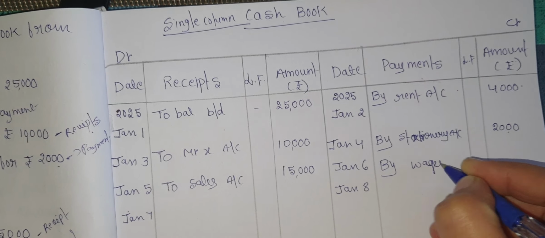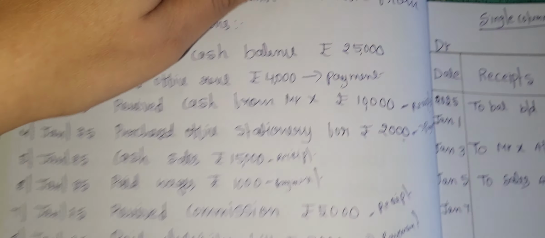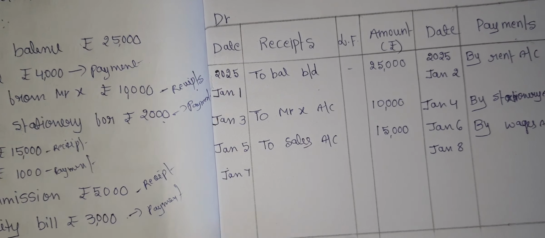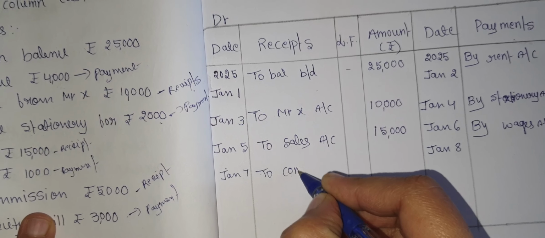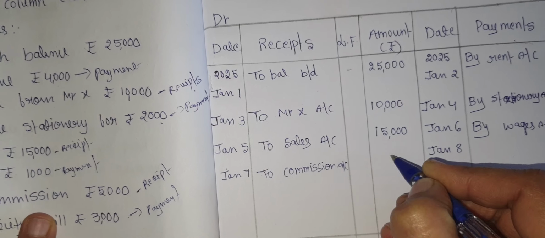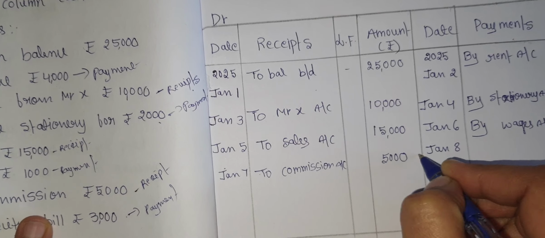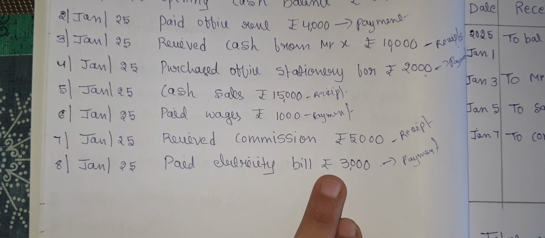And next one, received commission on 7th Jan, received commission rupees 5,000, means it comes under receipt side. So on January 7 to commission account, that is rupees 5,000. And next one, on 8th Jan, paid electricity bill rupees 3,000.